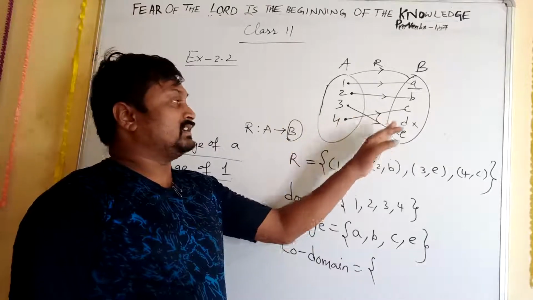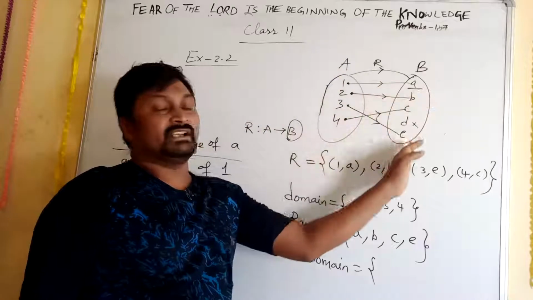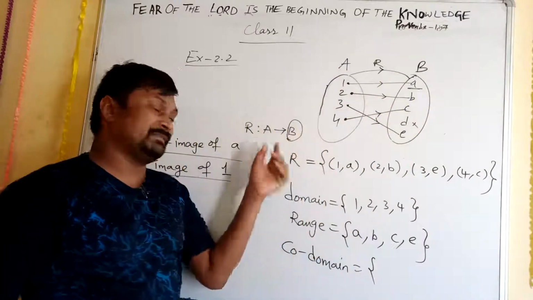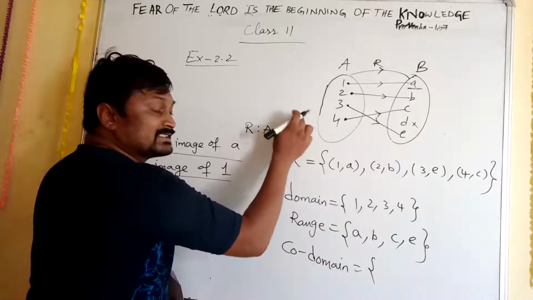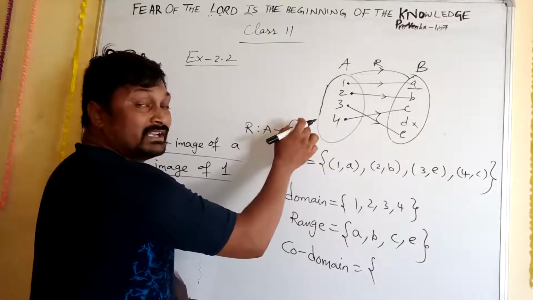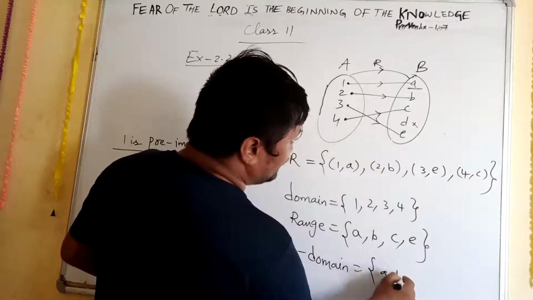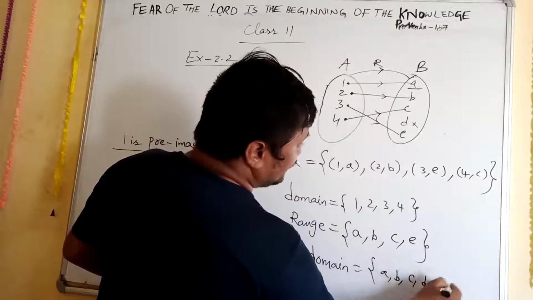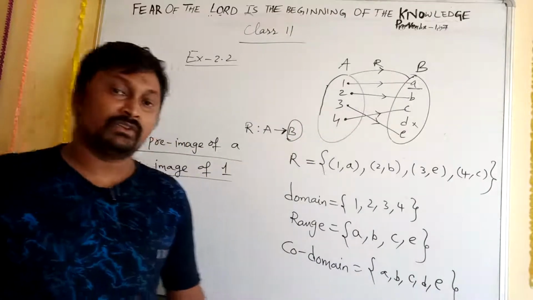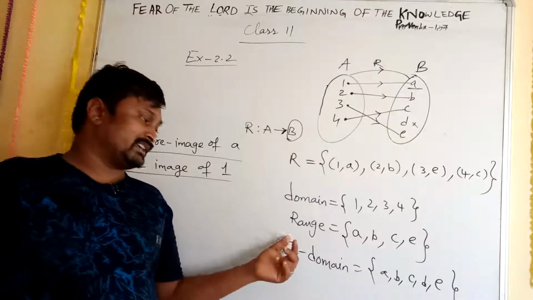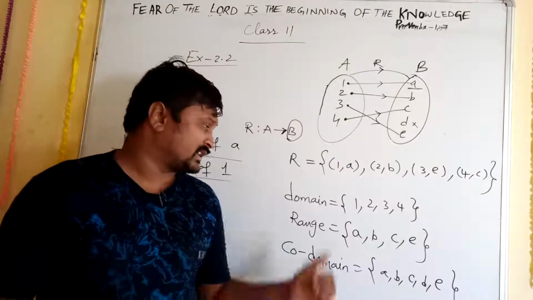So whichever elements are in set B, we call it the codomain. Always remember, wherever the arrow mark points, that set completely is the codomain. So here the codomain is A, B, C, D, E. Clear? I hope now you all understood what is domain, range and codomain. Other names can also be used for the domain.